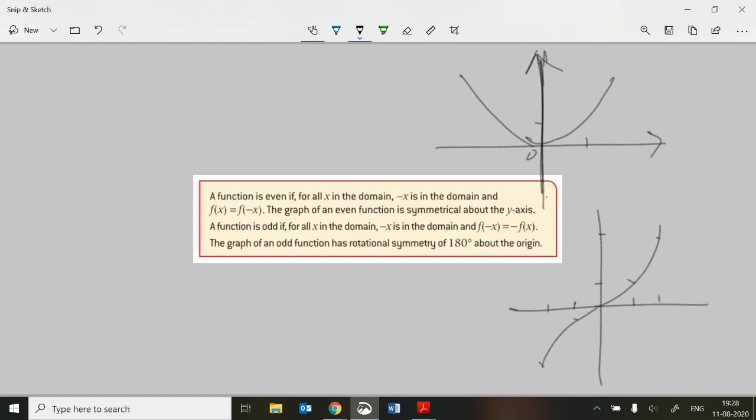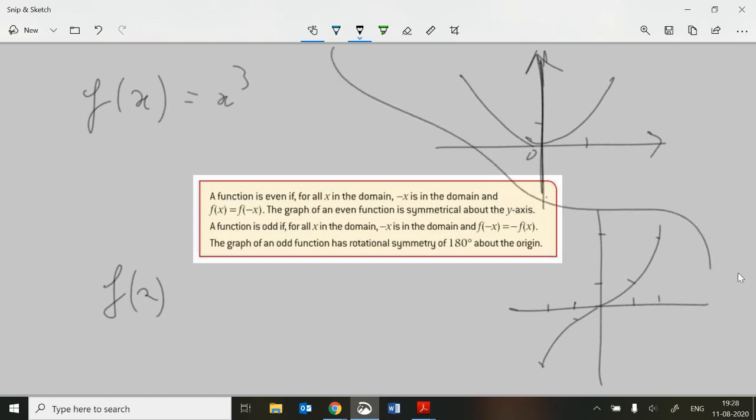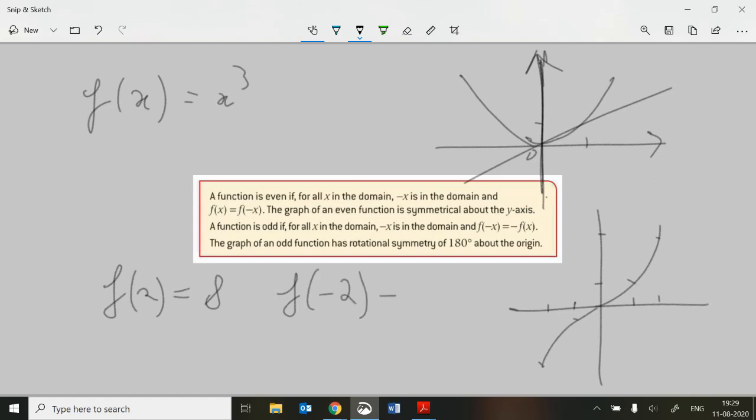So in that case, let's define the function to be x cubed. So f of 2 would give us 8, but f of minus 2 gives us minus 8, since minus 2 cubed brings us back to the negative of minus 8.